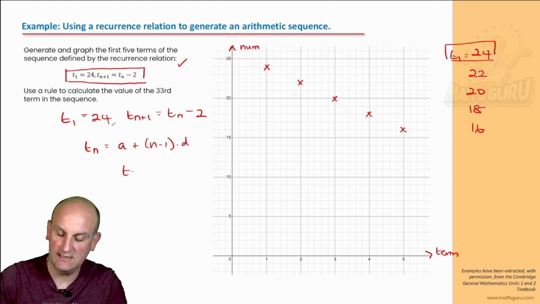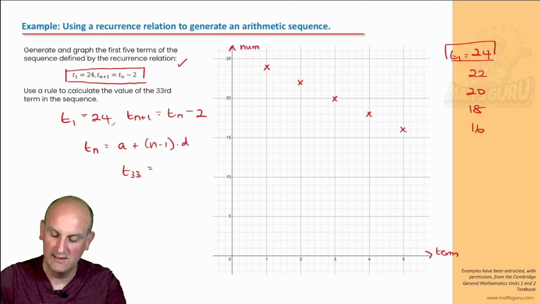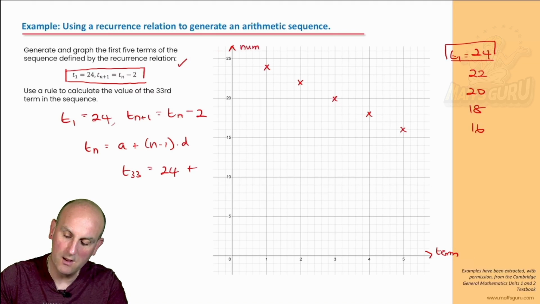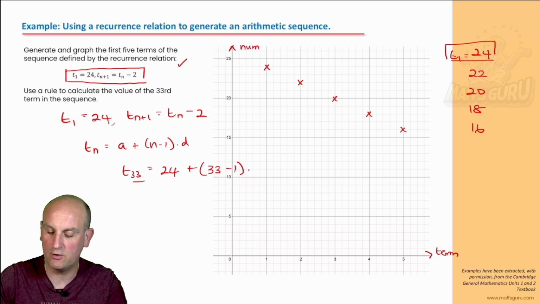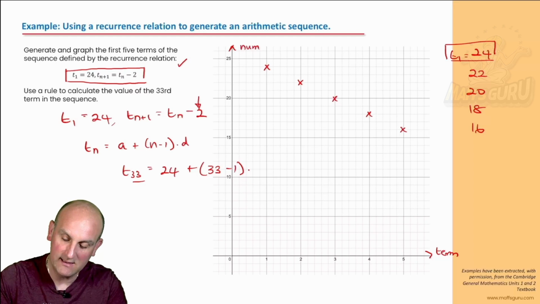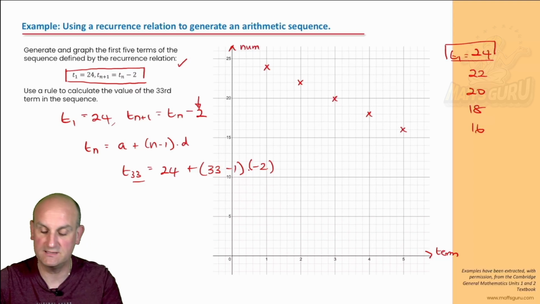So t33 is equal to, do I know my first term? I do. It's 24, plus the number of terms, 33, minus 1 times my common difference. What's my common difference? Again, remember, it was this number here. It is minus 2, not 2. Again, people make mistakes here.